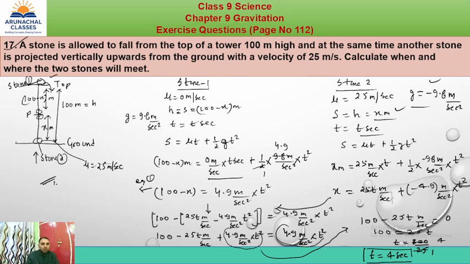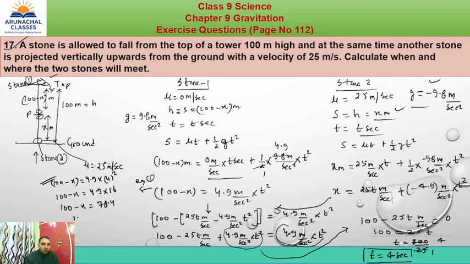So 100 minus x equals 4.9 into t square. t square is 4 square, so 100 minus x equals 4.9 times 16, which will be 78.4.